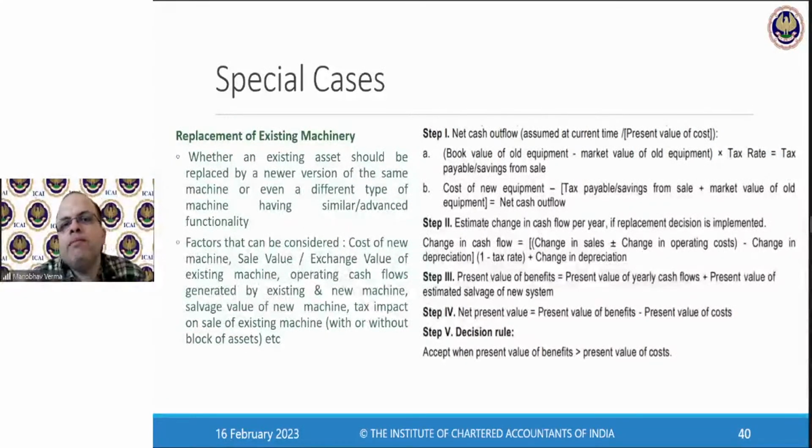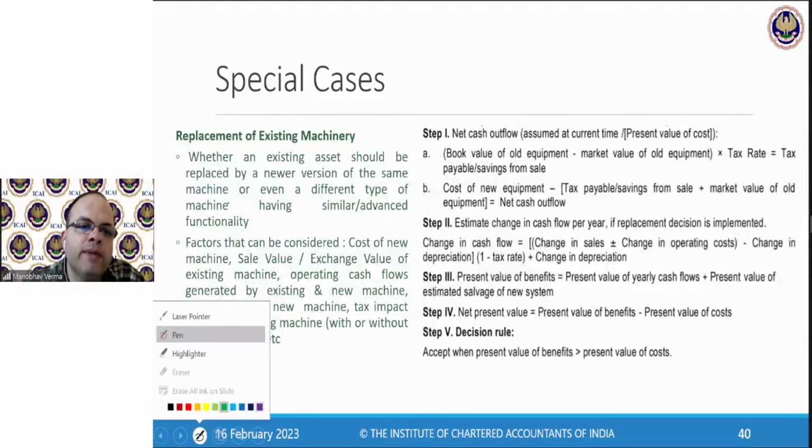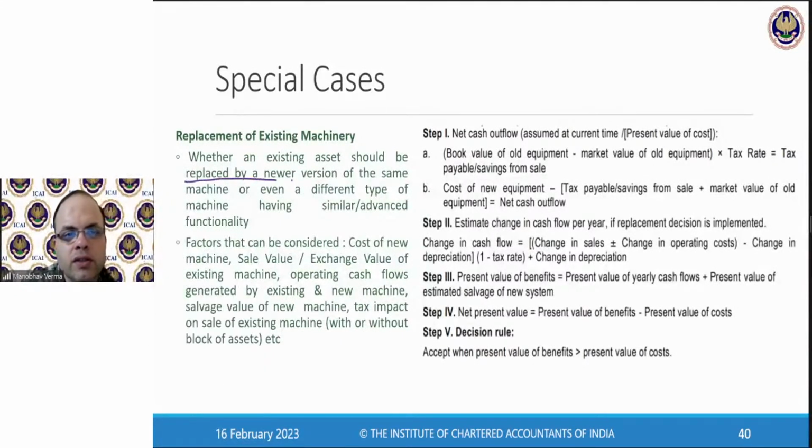It could be a scenario where a manufacturing company has been using an asset for years, and due to technology, utility, and requirements, you might think of replacing that machinery with a newer version which might have additional features, or a completely different model also. That could be a possibility.